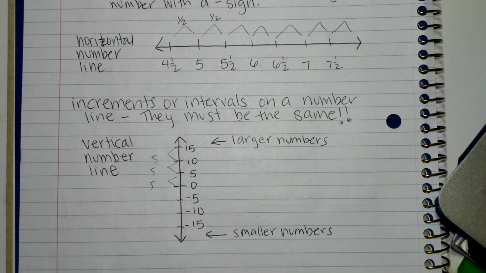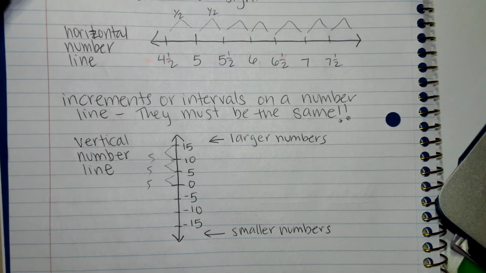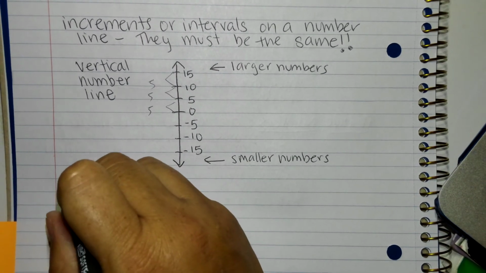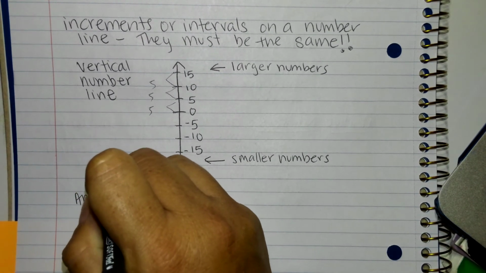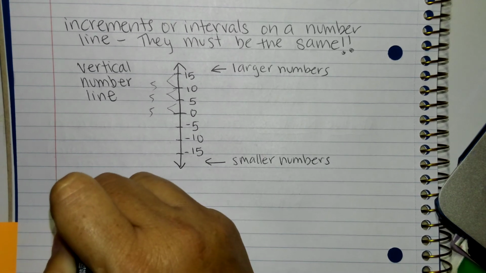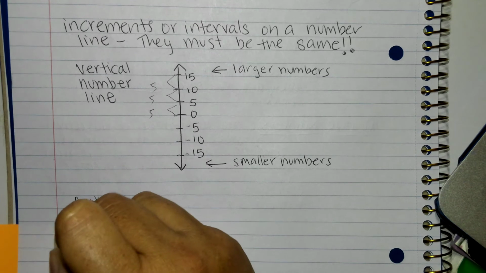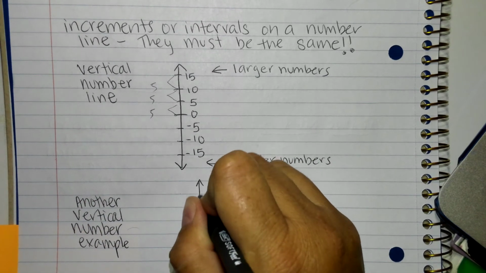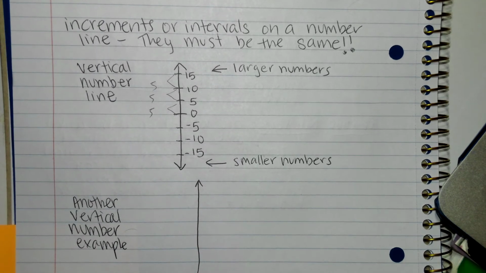I'm going to give you a second example of a vertical number line. And this one is going to only have negative numbers.